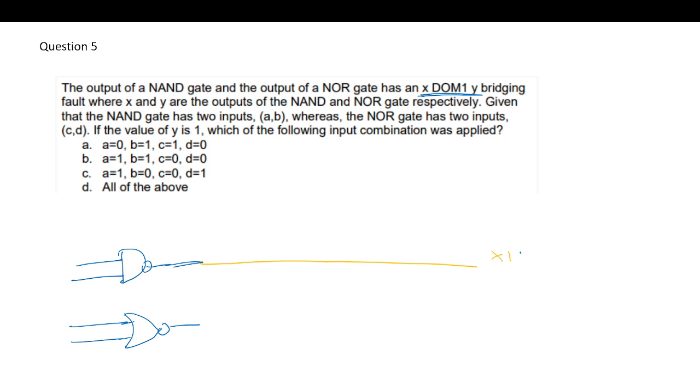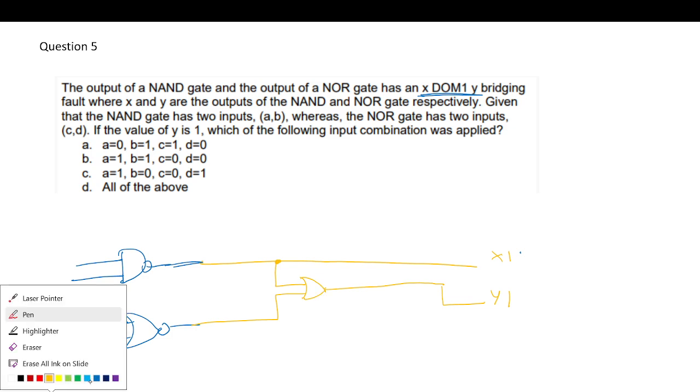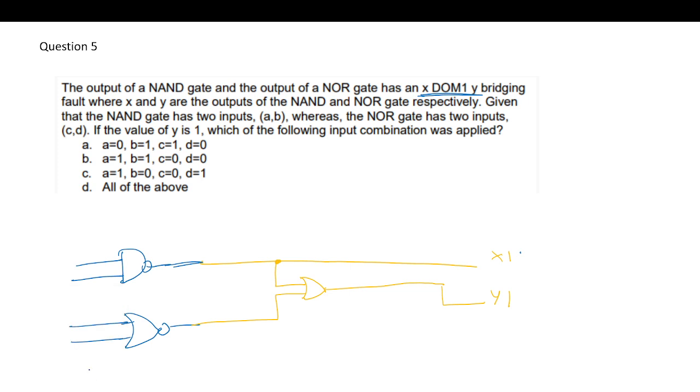This is x1, which goes to an OR gate, and this is y1, this is OR. The inputs are A, B, C, and D. We have to say, if the value of y is 1, which of the following input combinations should be applied?